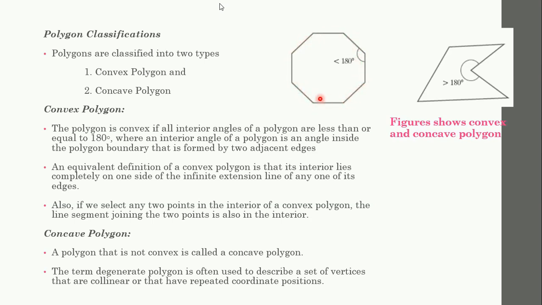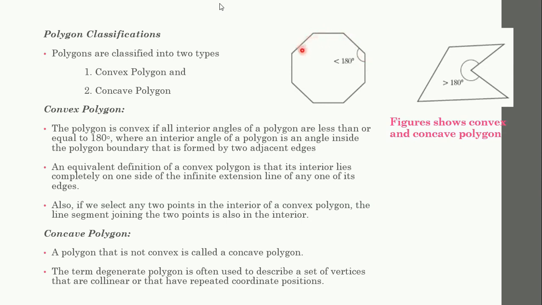The polygon is convex if all the interior angles of the polygon are less than 180 degrees, where an interior angle of the polygon is an angle inside the polygon boundary that is formed by two adjacent edges. This is the first condition: all the interior angles between two edges should be less than 180 degrees.